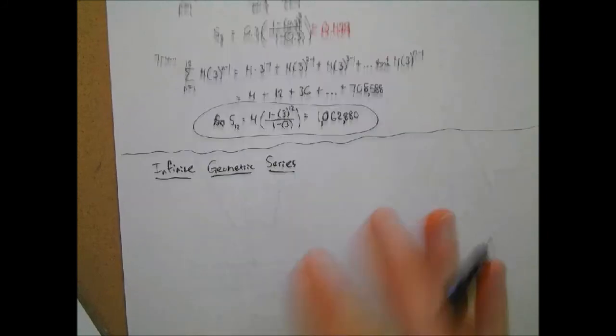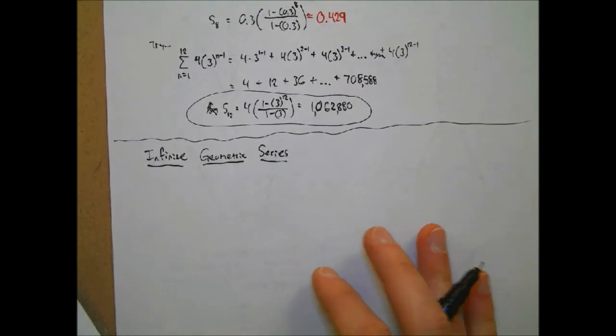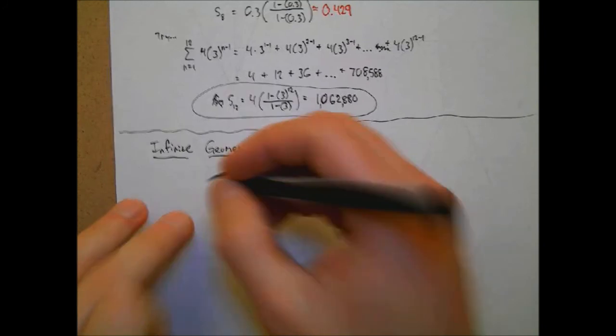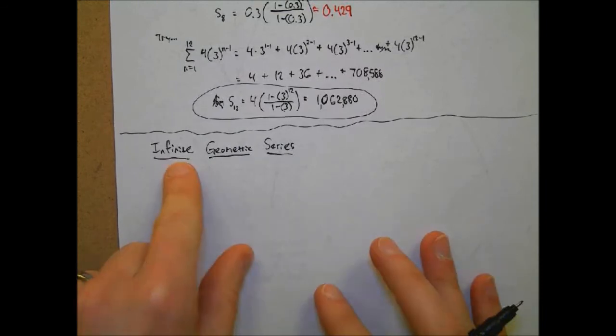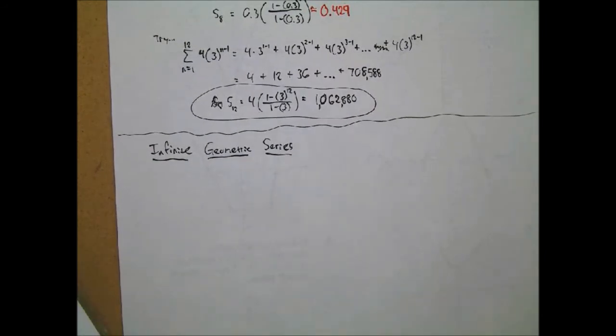That being said, with an infinite geometric series, we are able to find a sum of an infinite number of things, and that sum will be finite. Why is that the case? Because of the nature of infinite geometric series, we're repeatedly multiplying by the same amount each time.